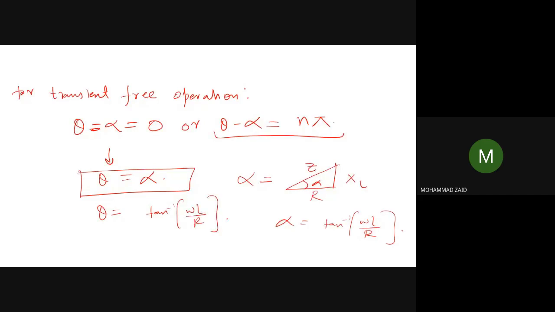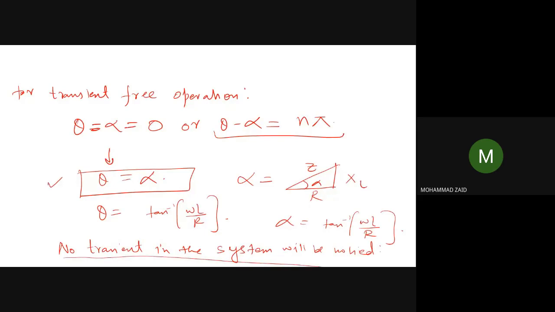Theta is the phase difference at which the switch is closed. So if theta is controlled in such a manner that theta is equal to alpha, and alpha is the impedance angle of the RL circuit, then you can get no transient. No transient in the system will be noticed.